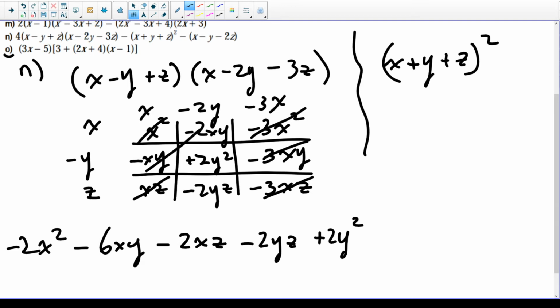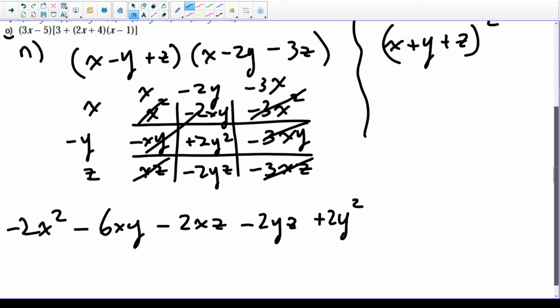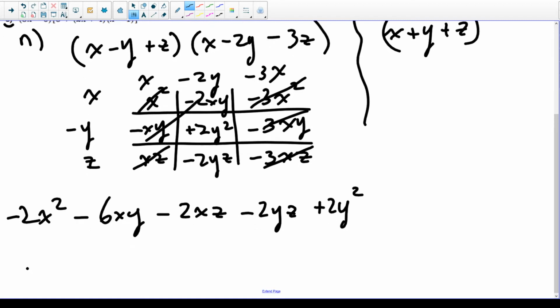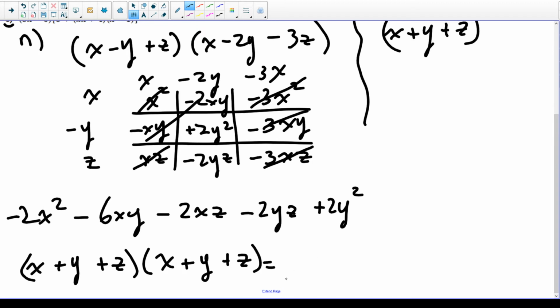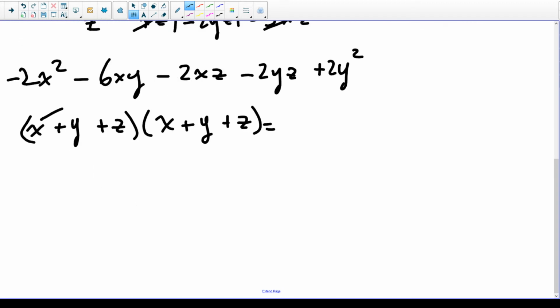All right. So just for kicks, I'm going to do the (x plus y plus z) the other way. Now that's (x plus y plus z) squared. So that means there's two of them. And I'm going to need a little bit more room. So I'm going to do multiple distributivities here.